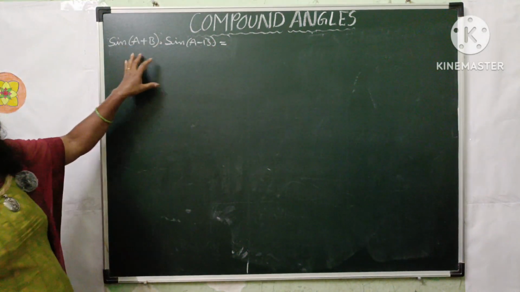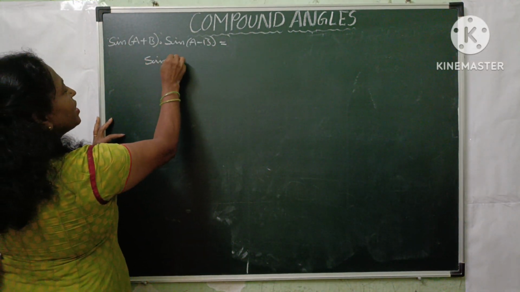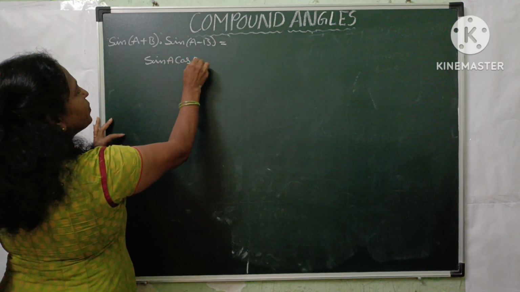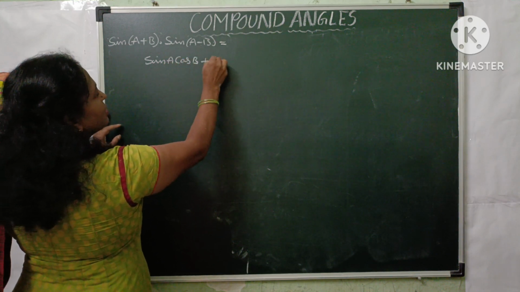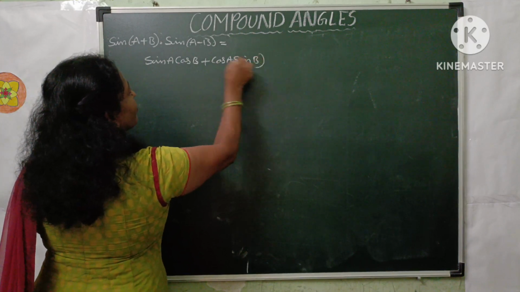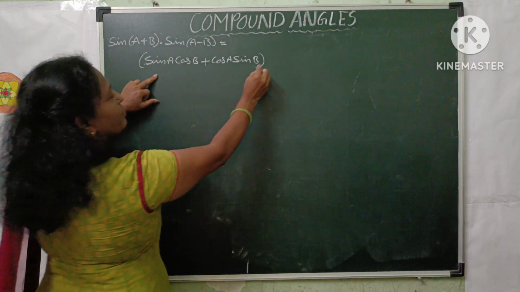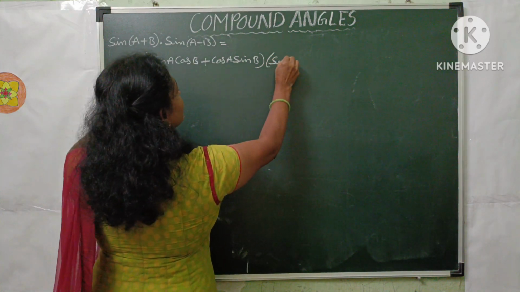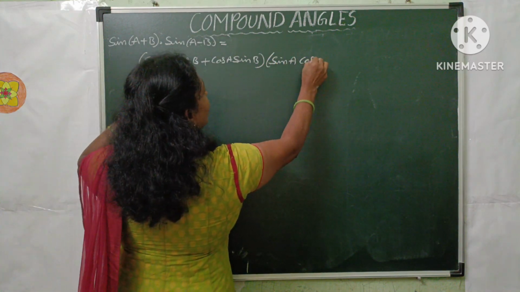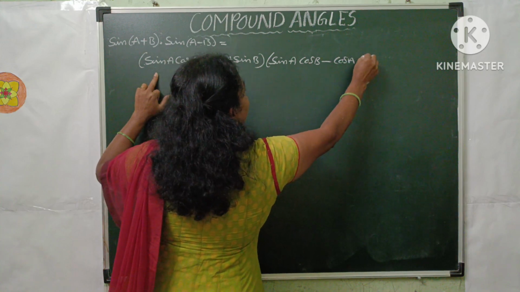Sin(a plus b) we already know: sin a cos b plus cos a sin b. And sin(a minus b), in between minus: sin a cos b minus cos a sin b.